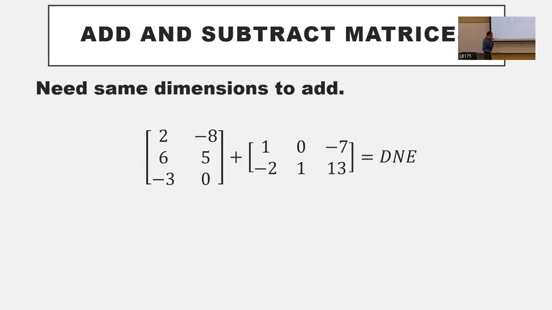Now, here's the weird thing about adding matrices. What if they don't have the same dimensions? What if one of them is 3 by 2 and the other is 2 by 3?